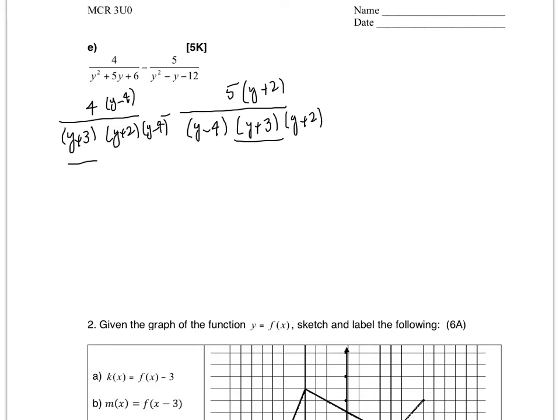Now, if you look at the denominators, the restrictions so far are y cannot be equal to negative 3, negative 2, and 4.